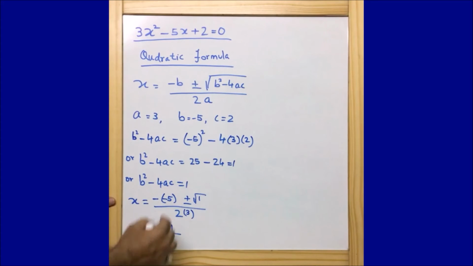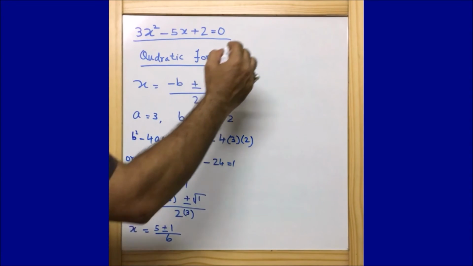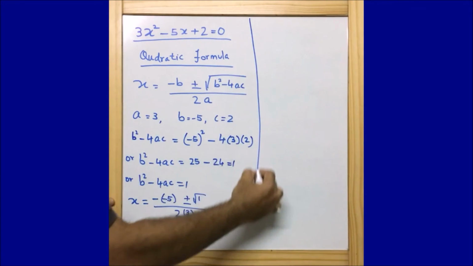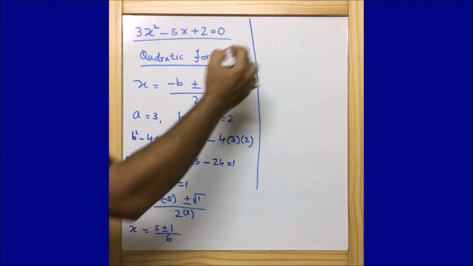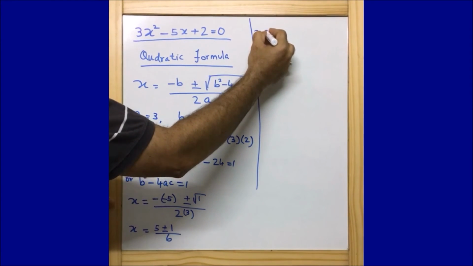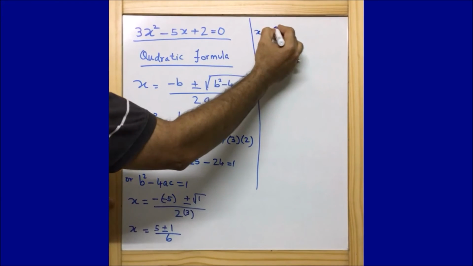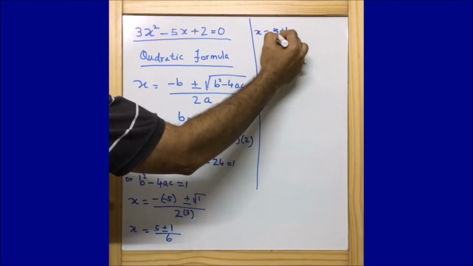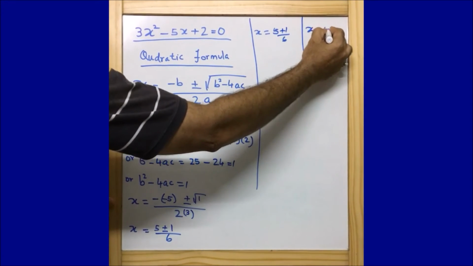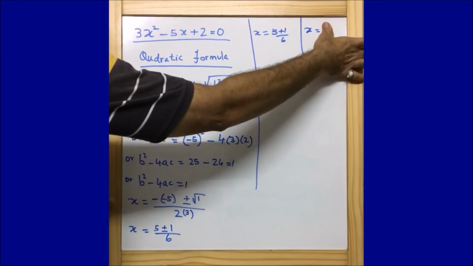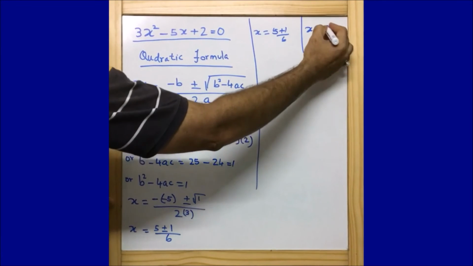Now I can write the two quadratic equations here. This x is equal to 5 plus or minus 1 by 6. So I can write one as x is equal to 5 plus 1 by 6, and the other one is x is equal to 5 minus 1 by 6.